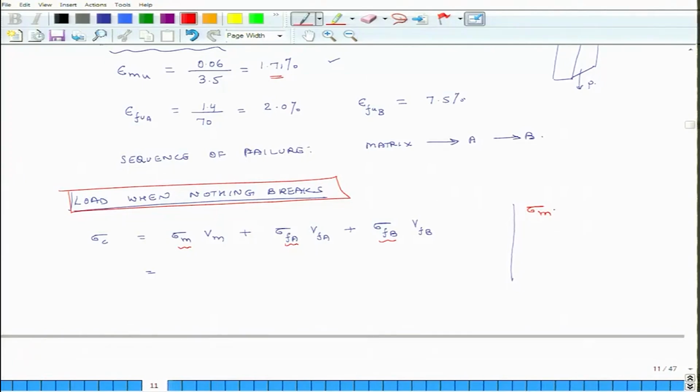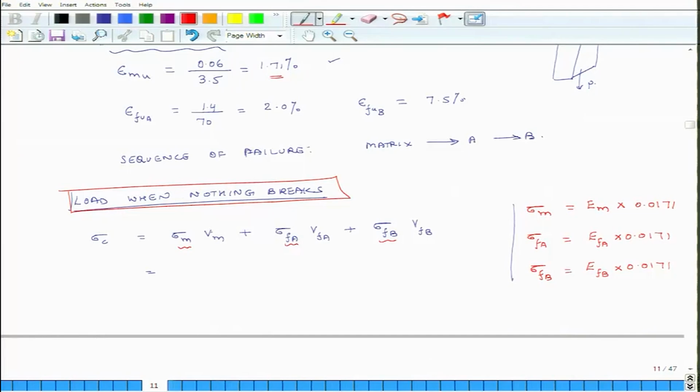What is sigma m? It is equal to Young's modulus of matrix times how much strain level? 1.71%. So, 0.0171. Sigma Fa is equal to EFA into 0.0171, and sigma Fb is equal to EFB into 0.0171.